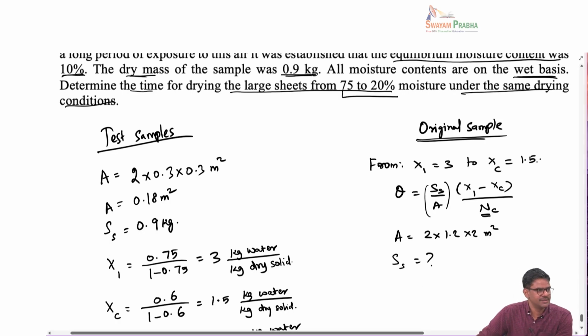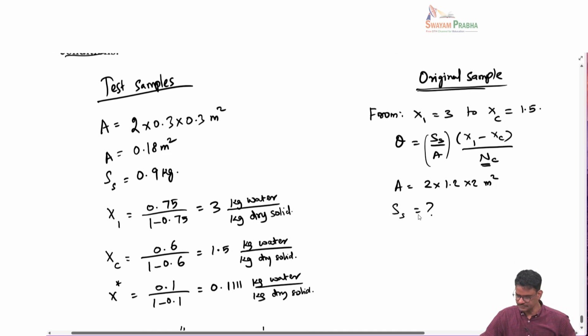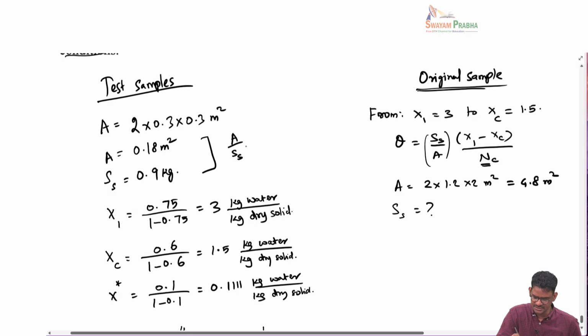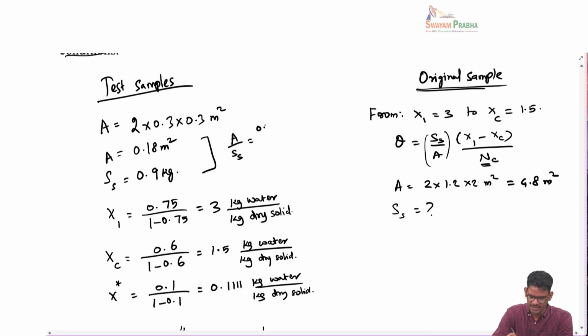In the test sample we know the area and the dry mass, so from here you can find the specific area, so many meter square per kilogram, and use the same thing for the original sample. One variable, the total area, is given, so from here you can find the total mass exactly. A by SS, the specific area, is 0.18 by 0.9.